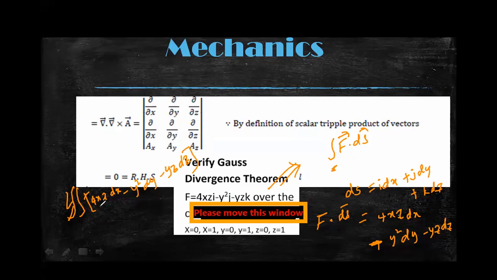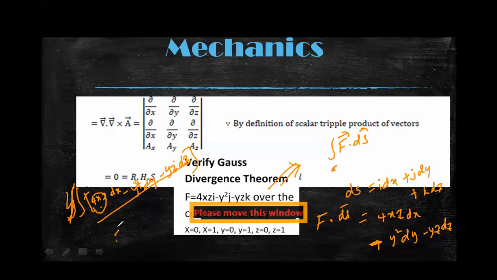I think you can simply try doing that with respect to whatever you get as the answer here, students. So do it with respect to x, you get some value here. Do y, do z. Then you apply the limits.